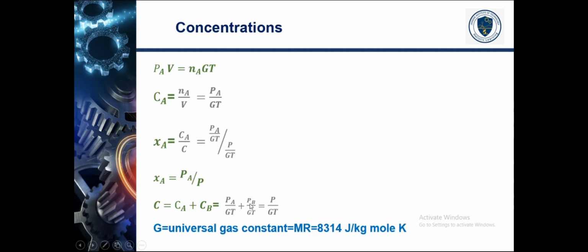As per Dalton's law of partial pressure, Pa plus Pb is equal to P, the total pressure of the system. So we get one more relationship for molar concentration: C = P/RT.